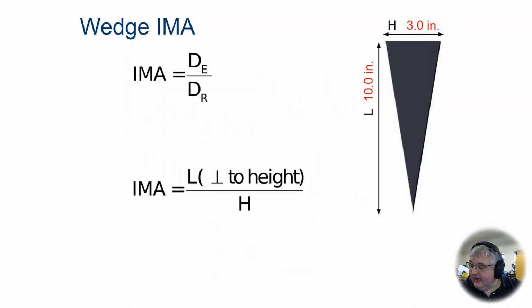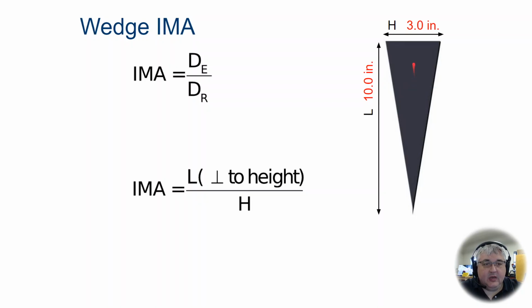In this case, IMA is still DE over DER. Do you see how this equation just keeps getting used? There's a little wrinkle in that it looks different, but again, with the wedge, it's the length perpendicular. So in this case, we're not measuring along the length. This is the wrinkle because we have two planes, two sides of this wedge.